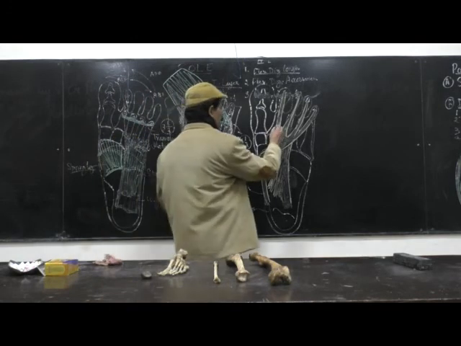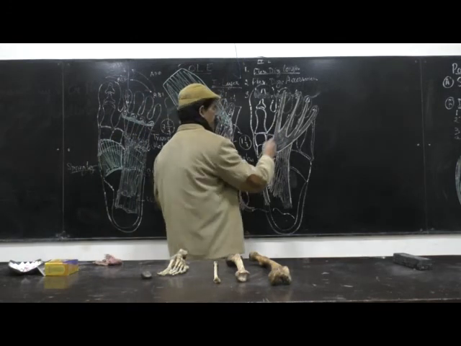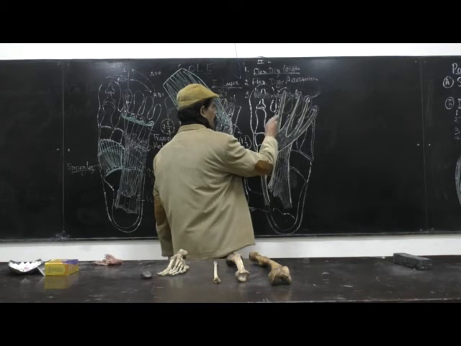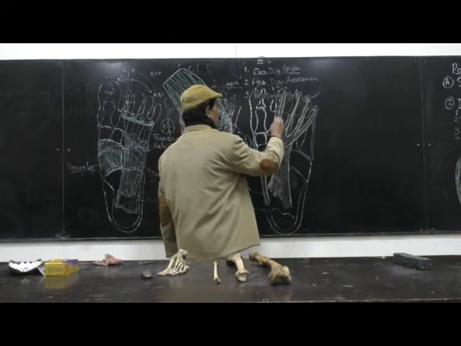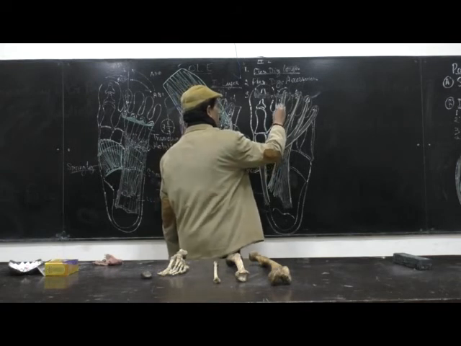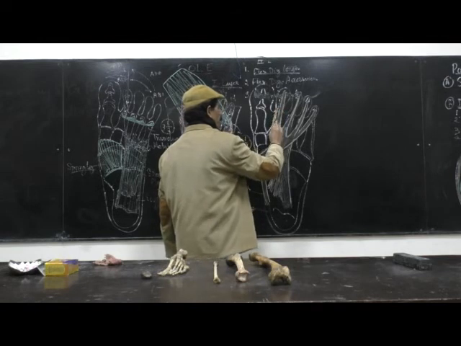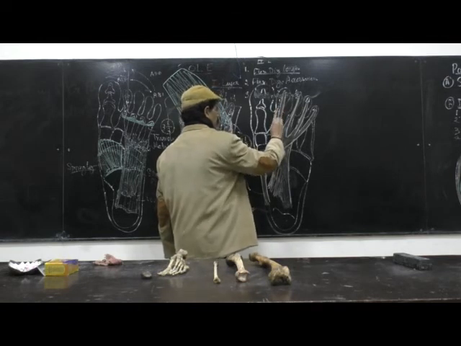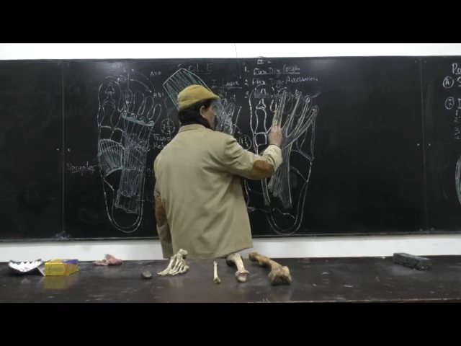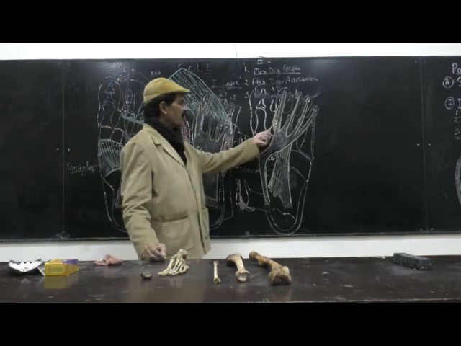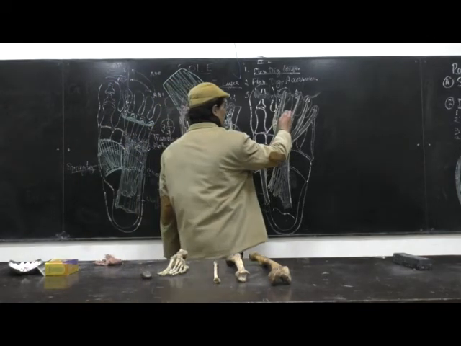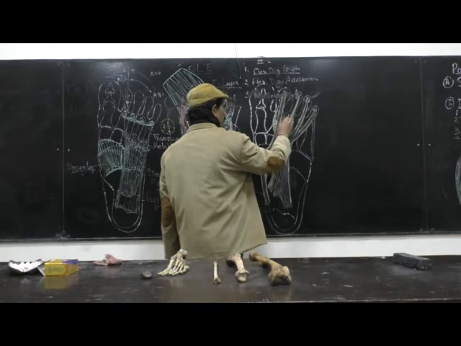The first lumbrical muscle takes origin from the tendon of the first finger, from the medial aspect, and is inserted over the medial part of the dorsal digital expansions on the dorsum of the finger. So it goes medially. It is unipinnate, while all the other lumbricals, which we take from the tendons of the longus muscle, are bipinnate.